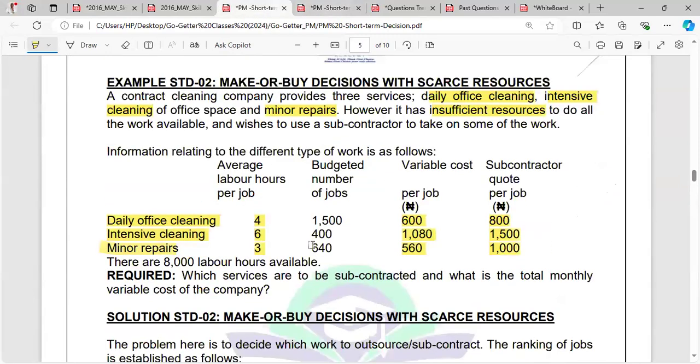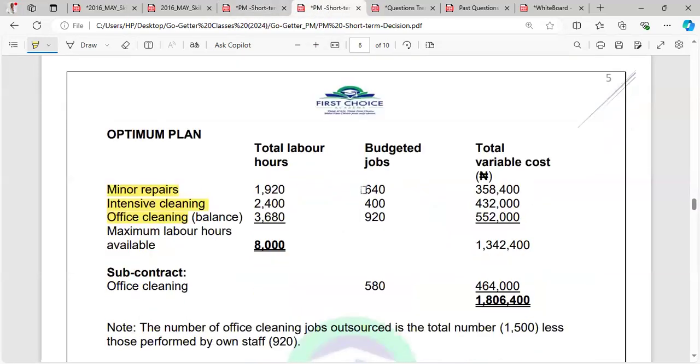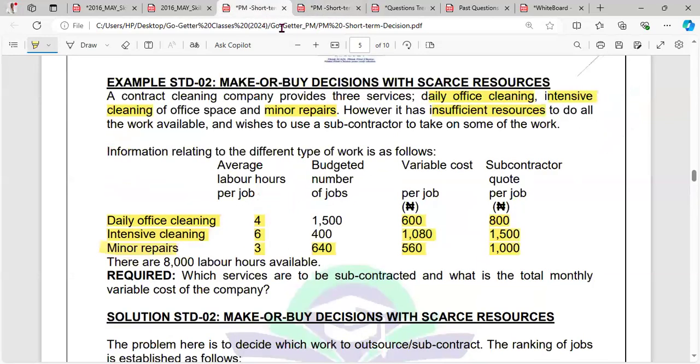The number of jobs, because you are doing minor repairs first. Minor repairs, you are doing 640, right? 640 is the budgeted job, right? Then 3 hours per unit.